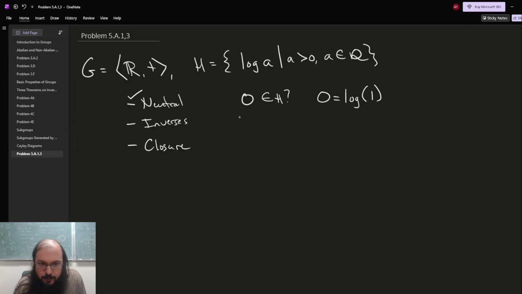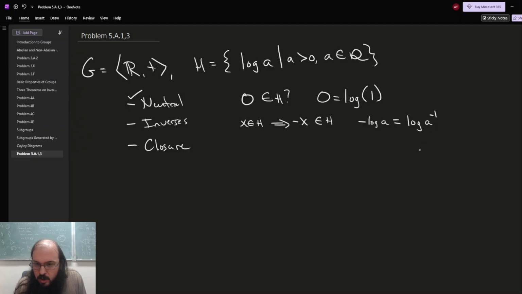For inverses, I have to show that if x is in H, that the inverse under the operation of plus, namely the additive inverse, is also in H. So if I have a number of the form log of A, is minus log of A still in H? That's the question. The answer is yes.